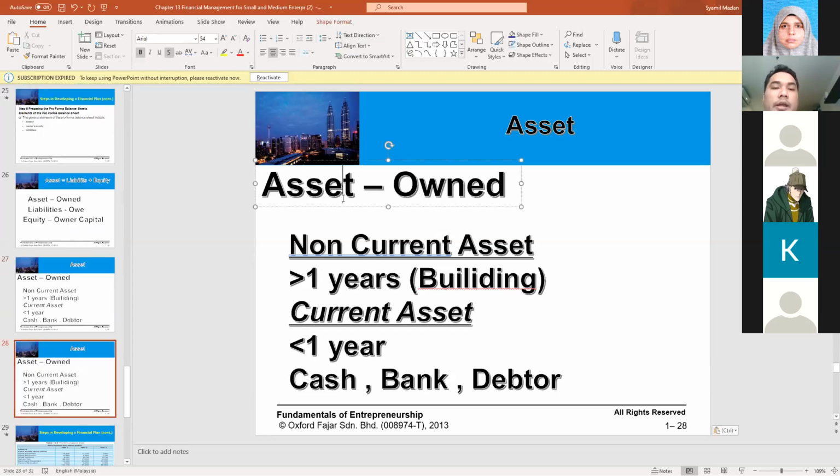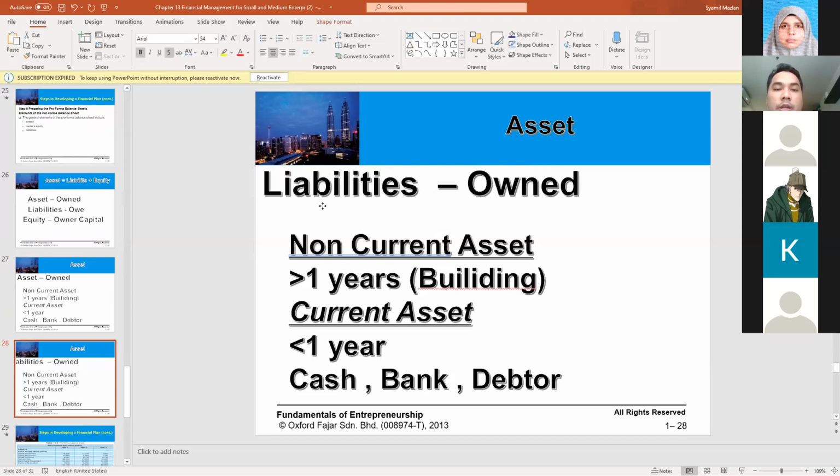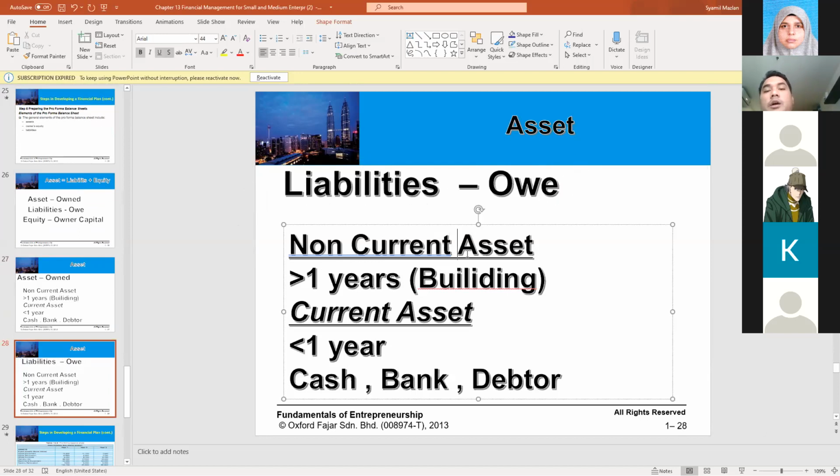Okay, next is liabilities. Liabilities is something that you owe. Liability also has non-current liabilities and then current liabilities.